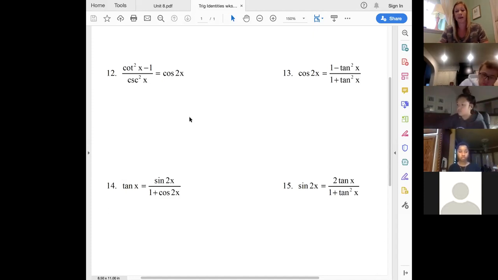Like 11, I might have said, was kind of easy because you made 1 replacement for cosine 2x and then 1 reciprocal replacement, and that was it. Medium proofs tend to include more algebra. So factoring, foiling something out, in general, a proof that takes 4 to 6 steps, maybe. Things that will require you to get a common denominator.